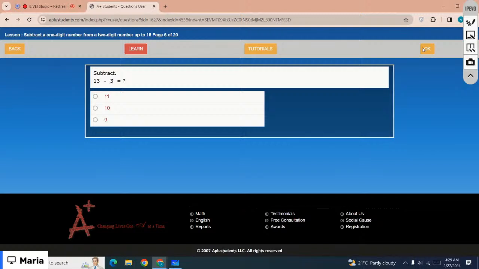The correct option is 13 take away 3 is 10, right?